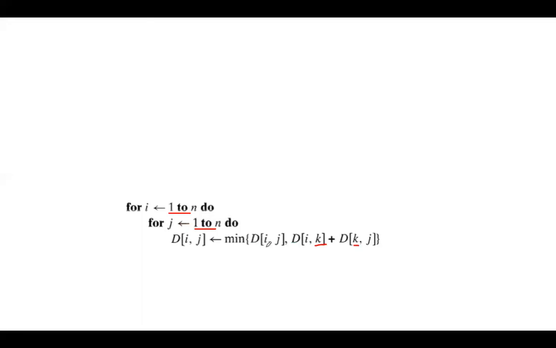Consider k equal to 2, that is 2 to 1 or 2 to 4: I go from 2 to k and from there onward. Is it clear? So the minimum distance from i to j, row value and column value, is taken with respect to the intermediate vertex, that is 1, 2, 3, 4.